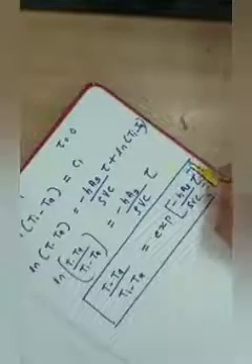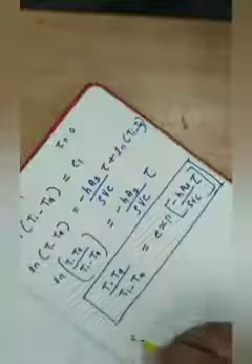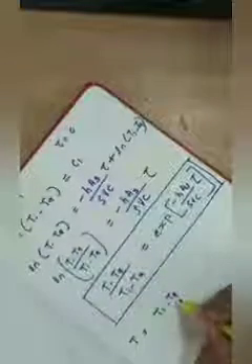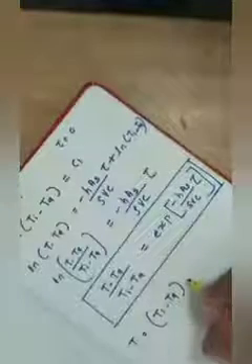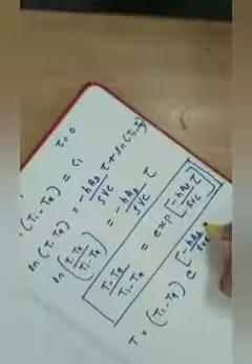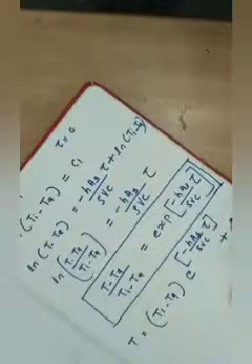This is the temperature distribution equation for a lumped parameter analysis. So T can be expressed as T is equal to Ti minus Ta times e raised to minus h As by rho V c tau, plus Ta.